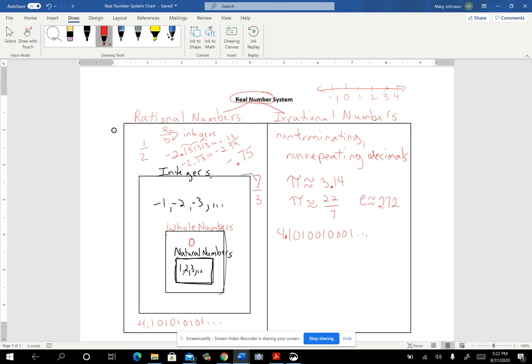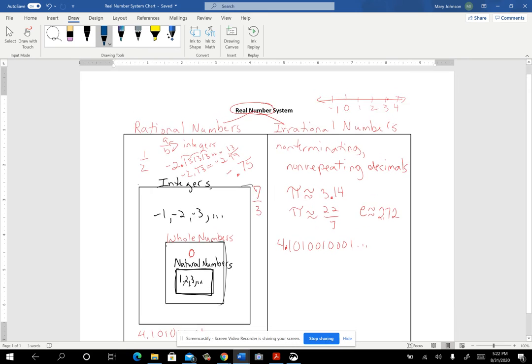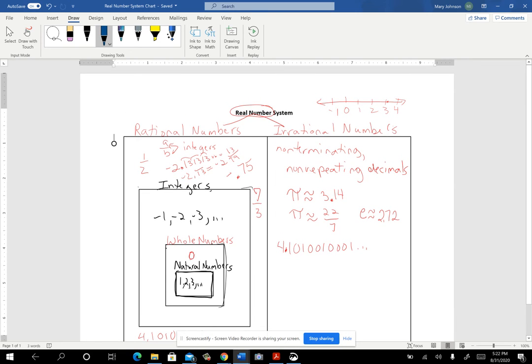Okay. Now in blue, I'm going to change this up on you a little bit and just give you the heads up that when we get into solving quadratic equations later, we expand this. We take real numbers together with what we call imaginary numbers.